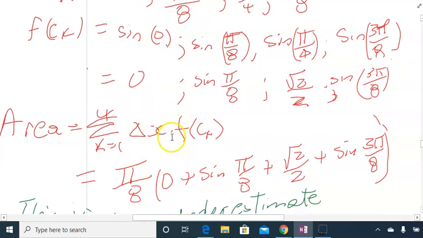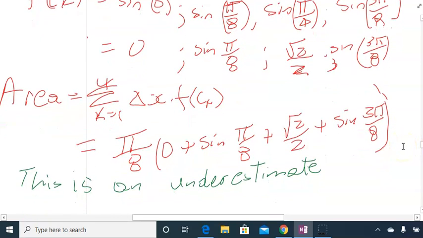Your delta x is pi over 8, and then bring these numbers down: 0, plus the sine of pi over 8, plus the radical 2 over 2, plus the sine of 3 pi over 8. And then we have to determine whether it's an underestimate or overestimate.